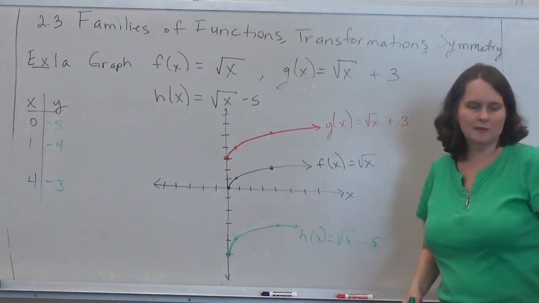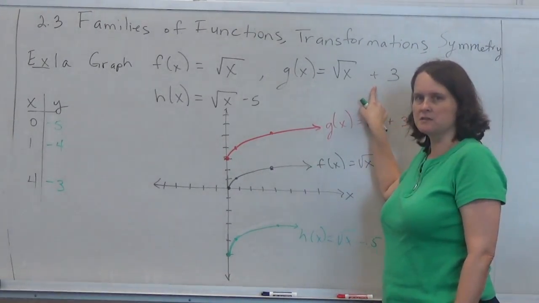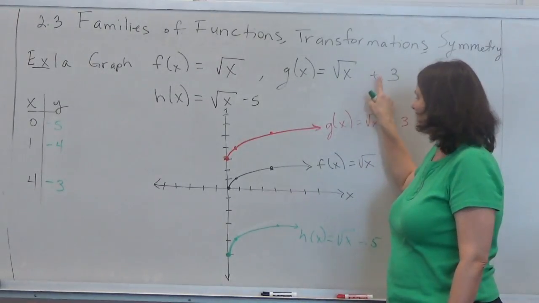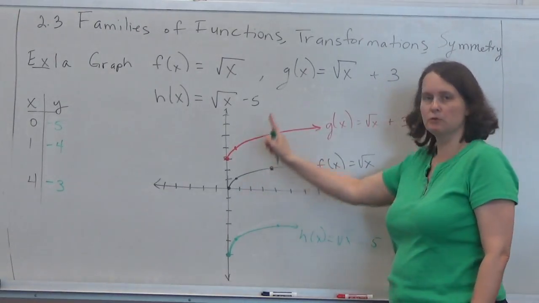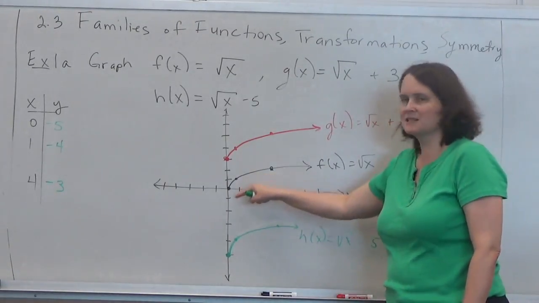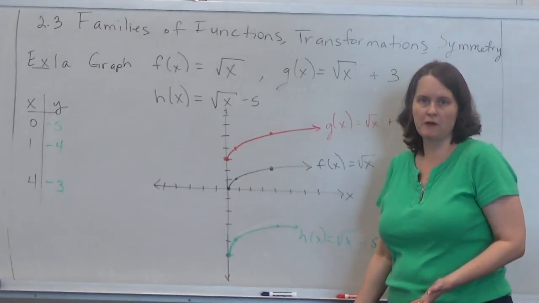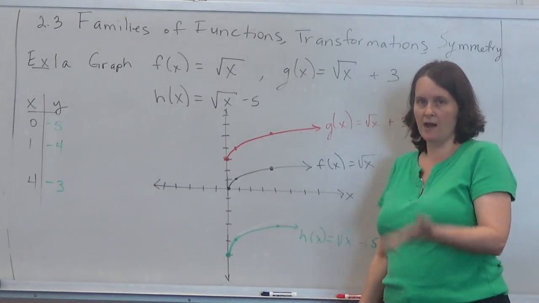So as you can see, adding a positive number on the outside of the function is a vertical shift. If it's a positive number that you're adding, you're going to be moving it upward. And if you're subtracting or adding a negative number, you're moving it downward. And if you're subtracting 7 from the original function, then you're just going to move the original graph down 7 spaces.